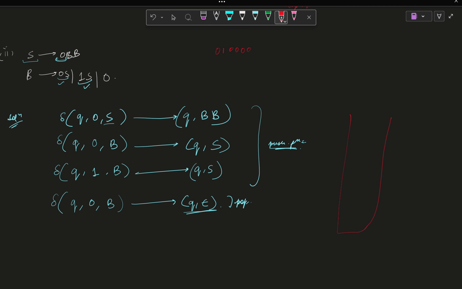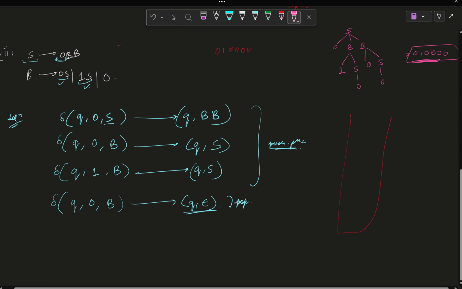So S starts with 0BB. B goes to 1S. B goes to 0S. S goes to 0, S goes to 0. So yeah, 0 and 4 times 0 is also accepted by this entire set of production rules, by this grammar.